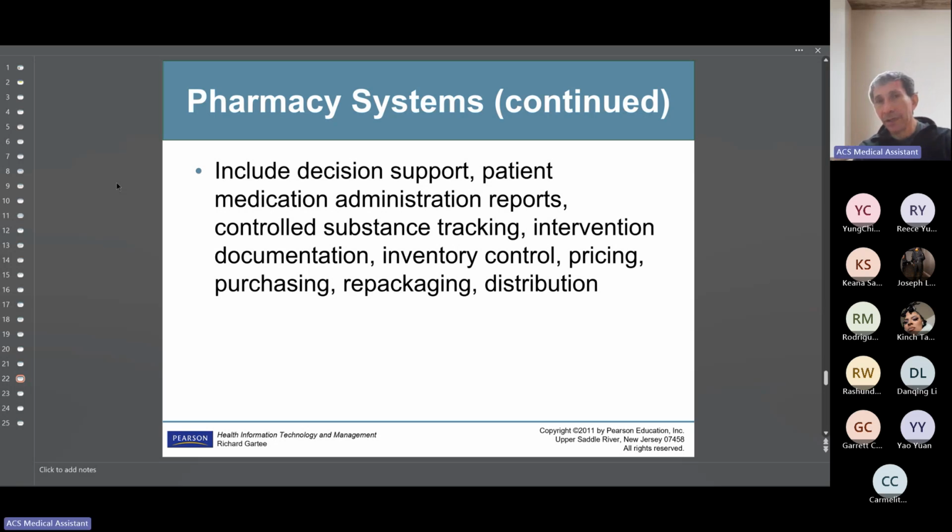Other parts of this pharmacy system include decision support. So when you say decision support, it is what medication was given and did the medication actually work? Whether the patient actually takes the medication.